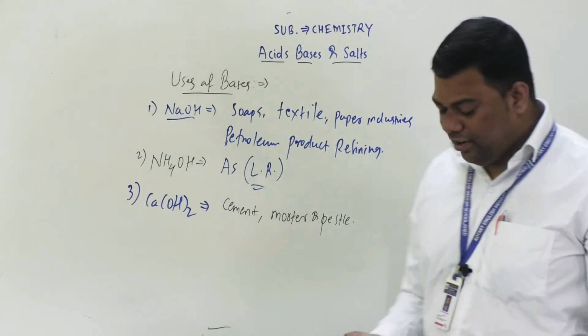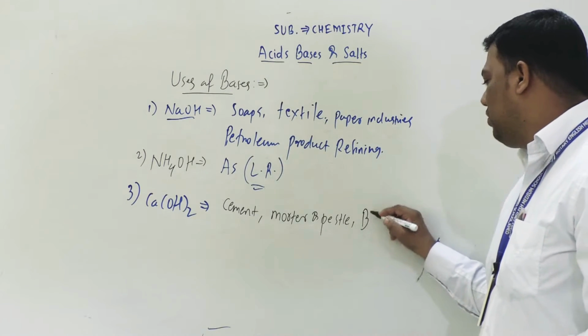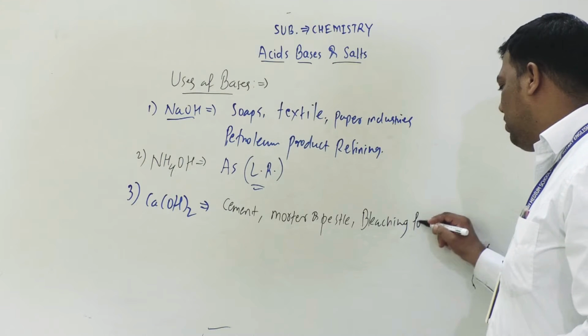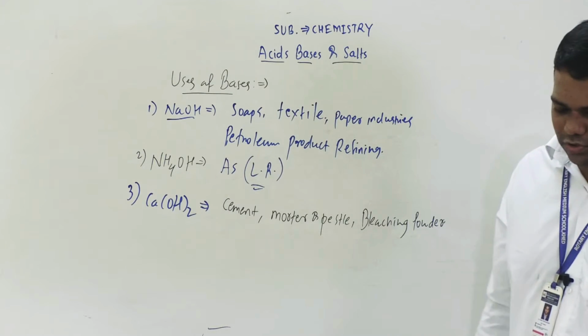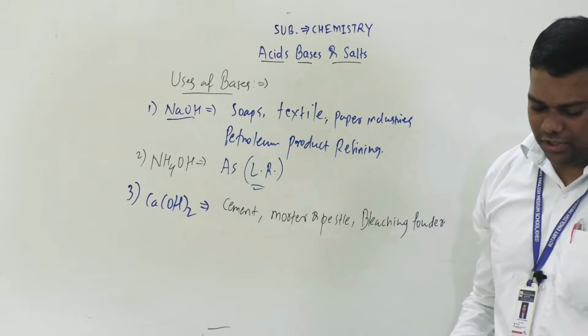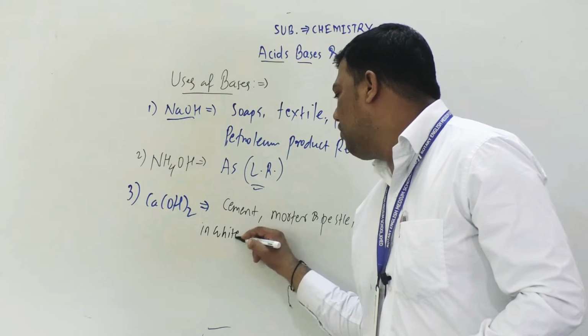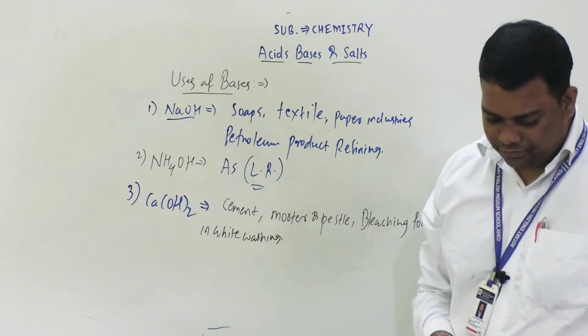Then it is used in the manufacturing of bleaching powder, and this calcium hydroxide is used in whitewash.